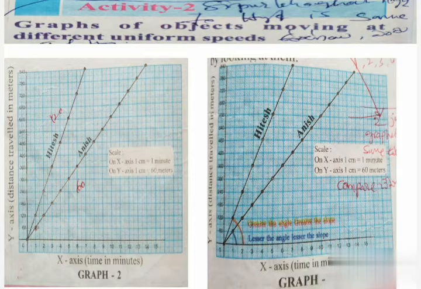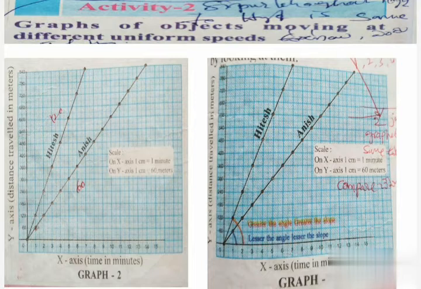So the angle that the graph line makes with the x-axis will be larger. Here the angle made with the x-axis by Hitesh's graph is larger. That's why Hitesh has greater speed. Hitesh ran faster.